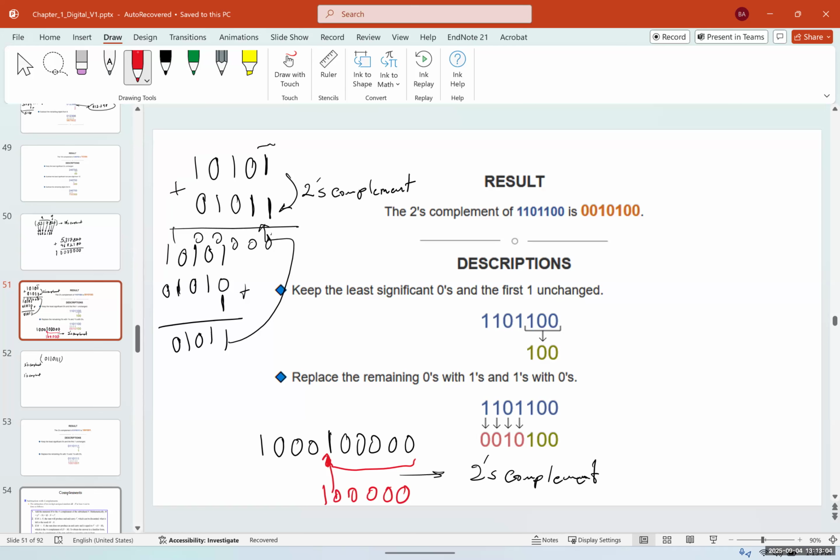And then for the rest, the ones are replaced with zeros, and the zeros are replaced with ones. So it becomes 0, 1, 1, 1, 1, 1, and 0, 0, 0, 0, 0. And if you add these two together, you would see that it becomes all zeros and it has a carry, which we discard.